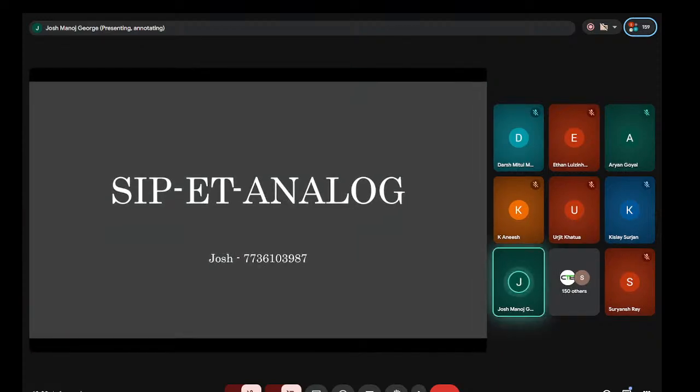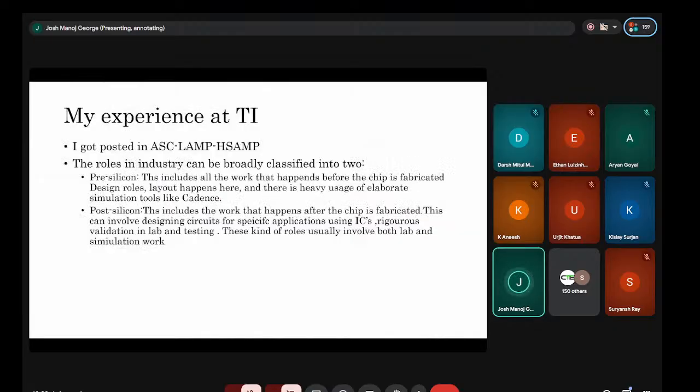So before I begin, I'd like to talk about my experience in TI. I got posted in a section called ASC, analog signal chain, which basically means there are many subgroups in TI, and one of the subgroups is called analog signal chain, and my group is called high speed amplifiers. The roles in industry, at least in my group, are of two kinds.